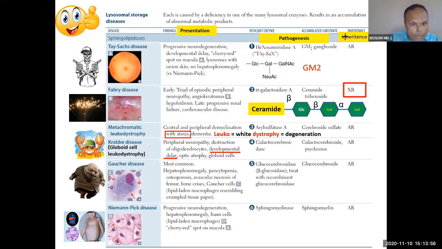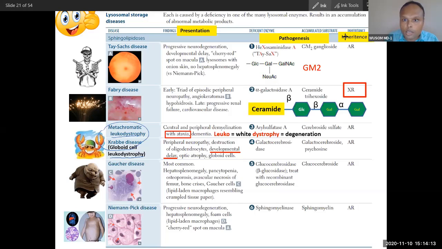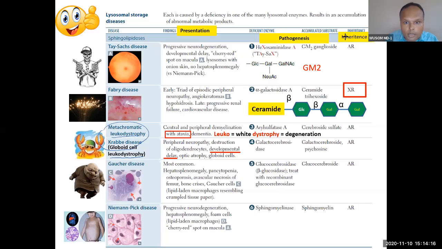Now, there are two types of disorder, and both are called leukodystrophy. Here you can see leukodystrophy, and this is also leukodystrophy. Krabbe disease is called globoid cell leukodystrophy. What does leukodystrophy mean? Leuko means white matter degeneration. White matter is present in your central nervous system. It is lipid, nothing but myelin. So it is degeneration of myelin, and I told you myelin is galactosylceramide.